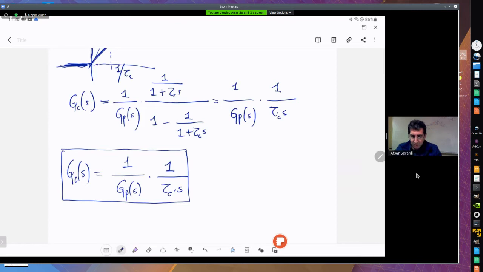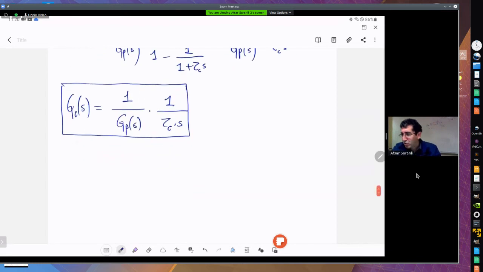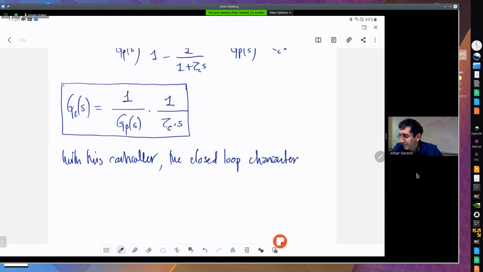Okay, so with this controller, the closed loop characteristic equation, that means the closed loop poles of the system, right?